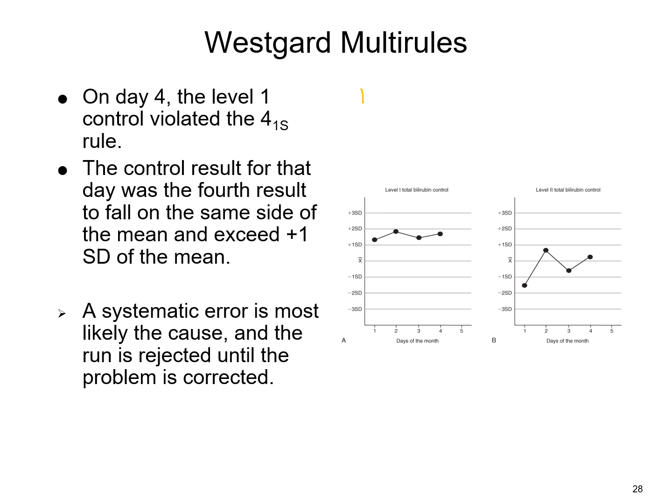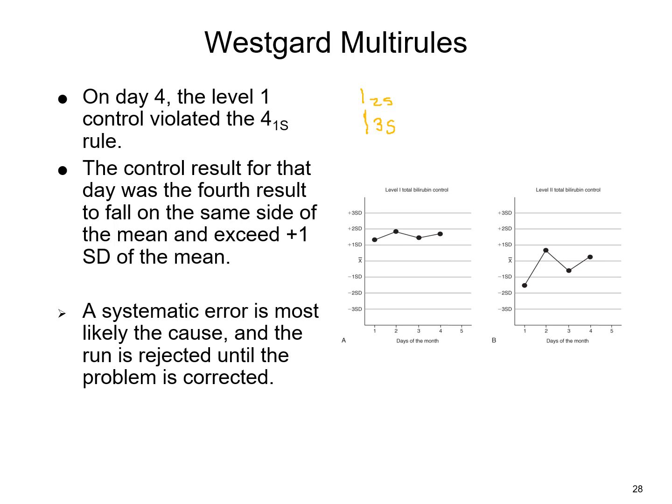So our 1-2S rule, do we have 1 value outside of 2 standard deviations? No, we don't, but we still have to assess the other rules, correct? Now we're looking at the 1-3S. Do we have one value that is outside of 3 standard deviations?